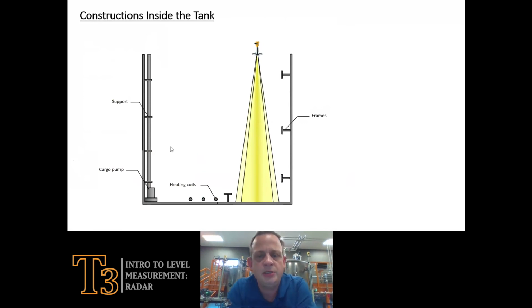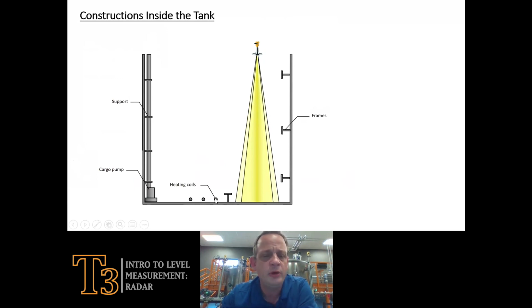In this representation, we're basically showing you different installation points that you might choose. If you have a choice, we don't usually have a whole lot of choices when choosing where to mount our devices, because this is a top-down measurement. But if we do have a choice, we want to pick an area that's off the vessel wall enough to maybe get away from the frame. A foot's usually good enough.